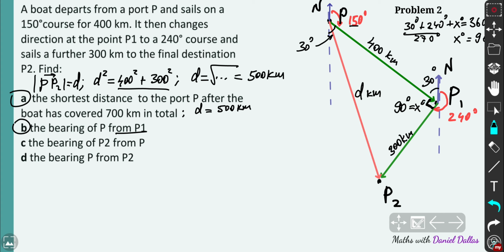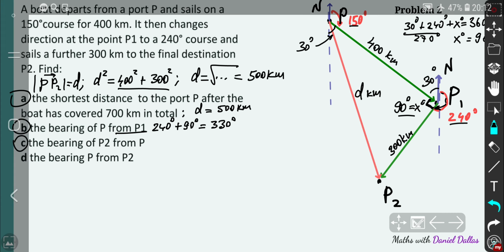Okay? So in total we have this 240 and the extra angle that we calculated, which is 90 degrees. So 240 plus 90 degrees is going to be the bearing of P from P1. So in total we have 330 degrees, and that's the answer for part B.